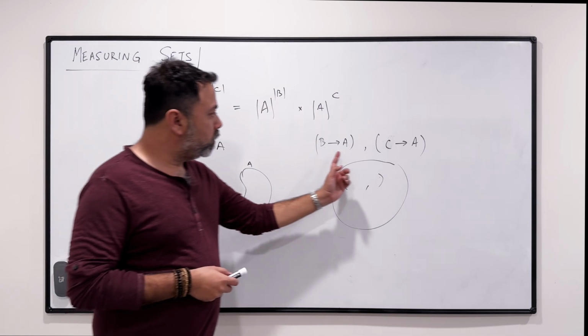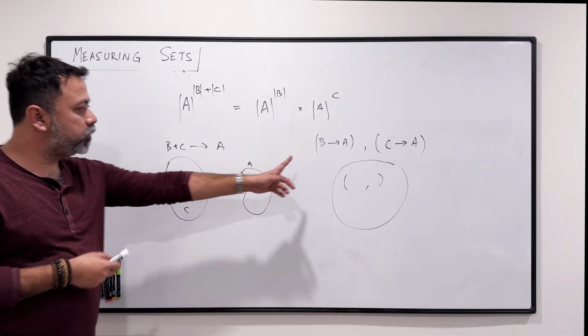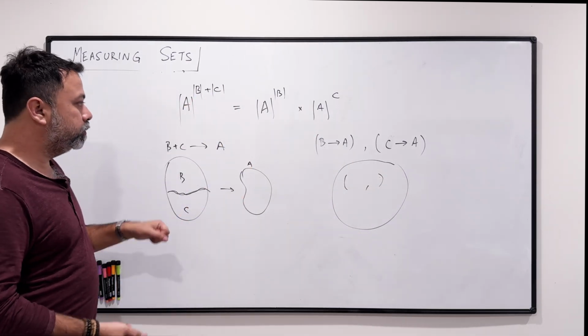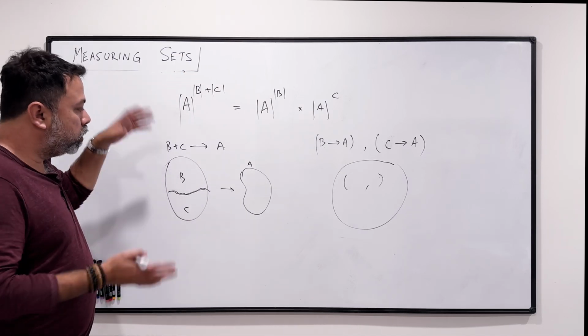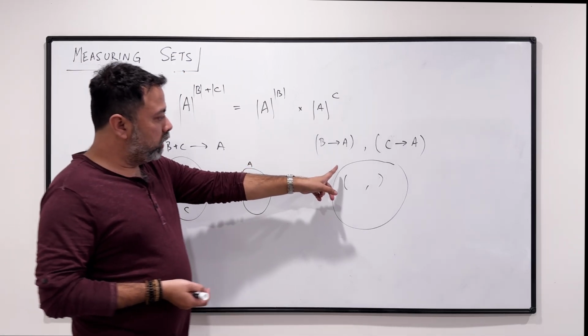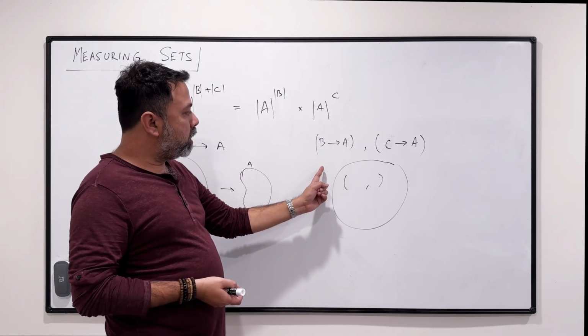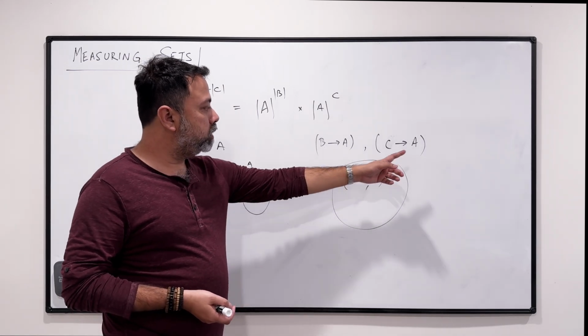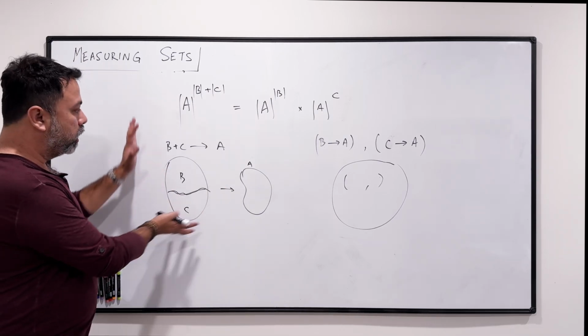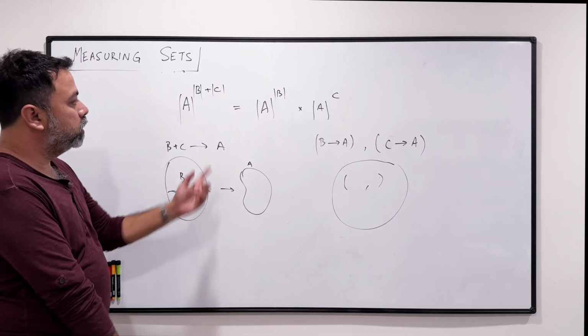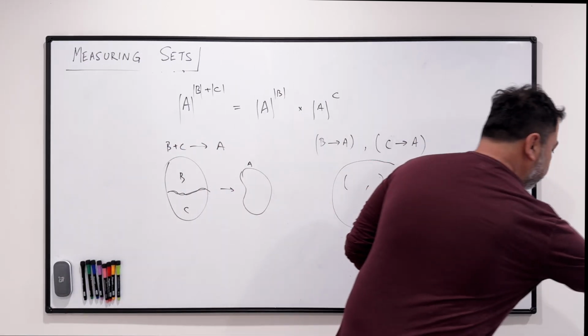And for every function here, you can pretty much merge them because the B and C were distinct, remember? So there is no confusion between, like, okay, if you have a function that maps some element of B to A and a C to A, well, they are different functions, so you can partition them cleanly and merge them into this other function, right? So that inequality also holds.